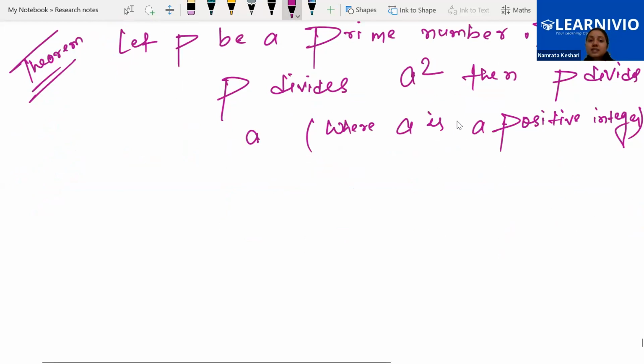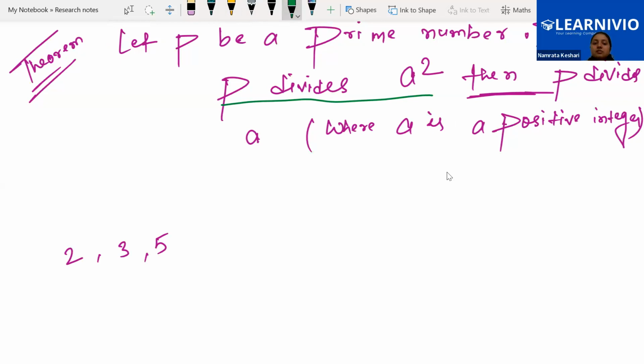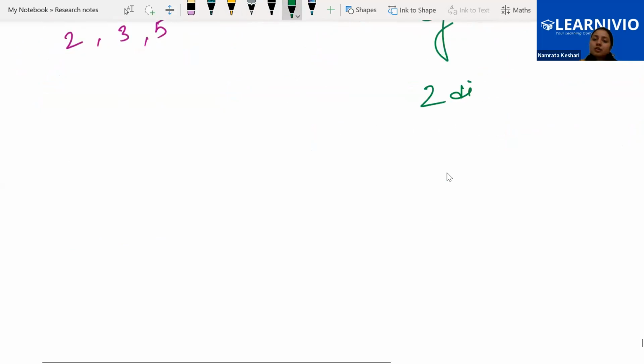So the theorem says that if P is a prime number, 2 is a prime number, 3 is a prime number, 5 is a prime number, any prime number we can take. If P divides A square, then P will also divide A. Okay, if P divides A square, then P will definitely divide A. For example, 2 divides 16, and 16 means 4 square.